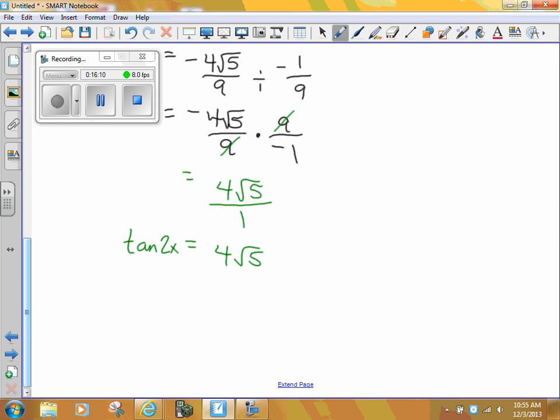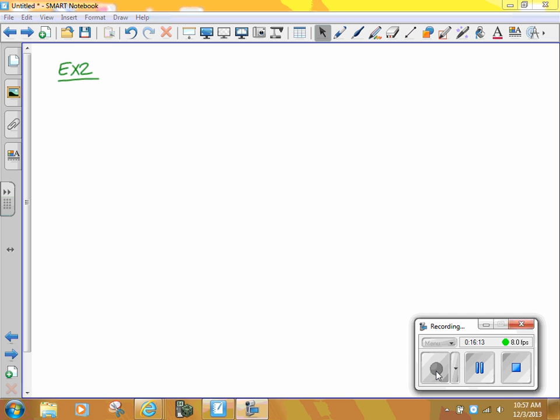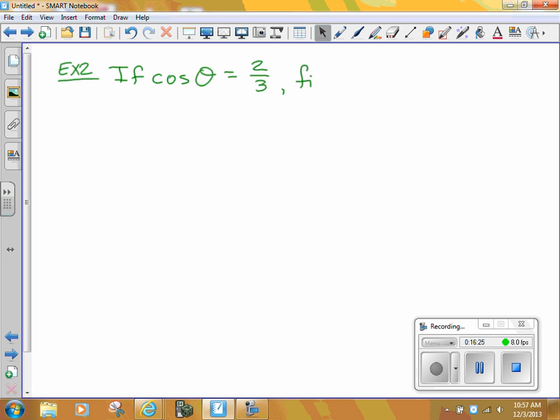What do you think about this? It's known, okay? I'm going to give you this information. If cosine of theta is 2/3, find sine of 2 theta. Let me see the way the book writes it.